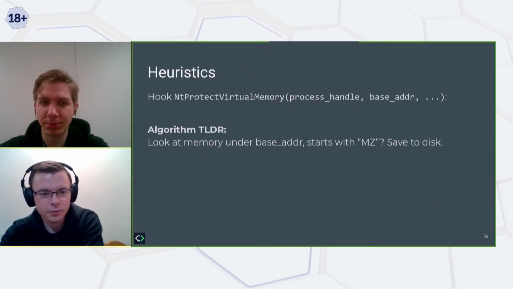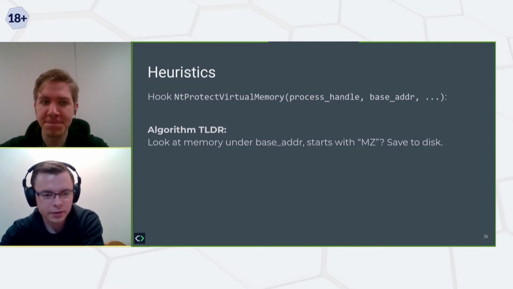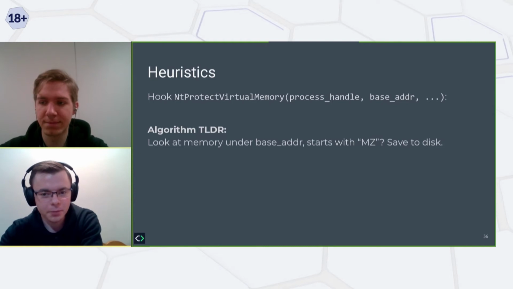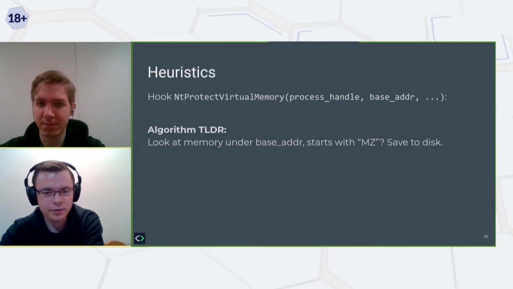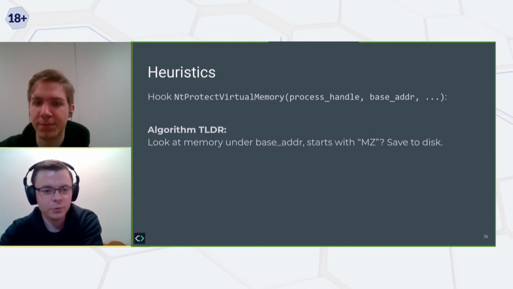So, okay, how to make a simple heuristic that would catch something interesting at the system call level, which we can already hook using DRAKVUF. For instance, we could have something like NtProtectVirtualMemory, which is usually called with some process handle, very often pointing to the process itself, the caller, and the base address, the starting address of the region whose protection settings we want to change.